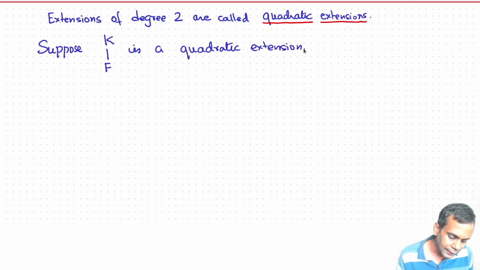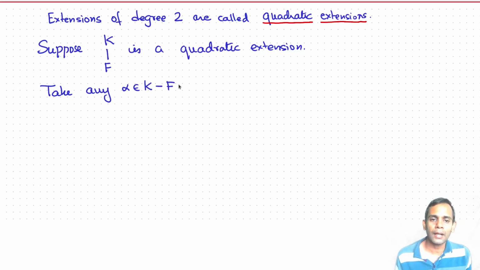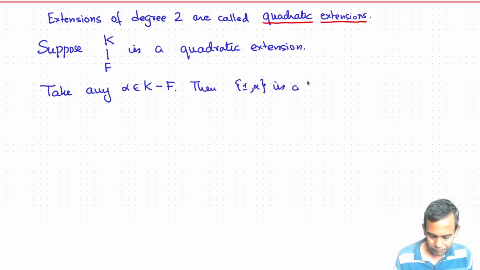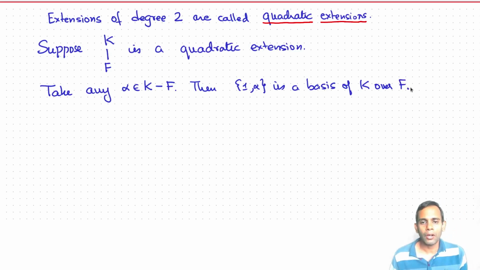Take any element alpha of K which is not in F. Then we know that 1, alpha is a basis of K over F, just because it's a linearly independent set of size 2.